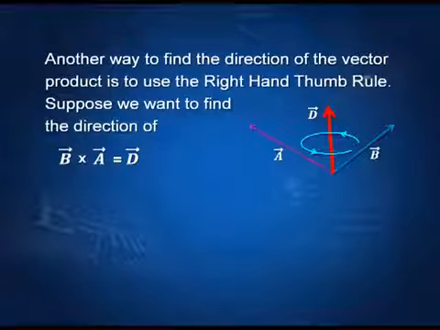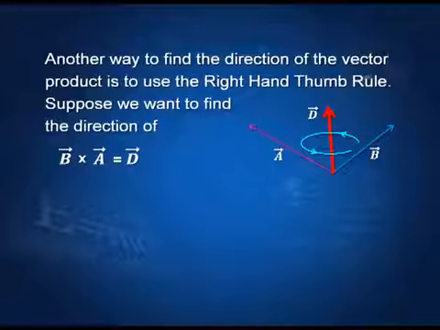There is another way also to find the direction of the product vector. In this case, we use what is known as the right hand thumb rule. If we are going to multiply vector B with vector A, that is, we are going to get vector B cross vector A, then we curl the fingers of our hand from B to A, and the direction of the thumb gives the direction of the product vector.